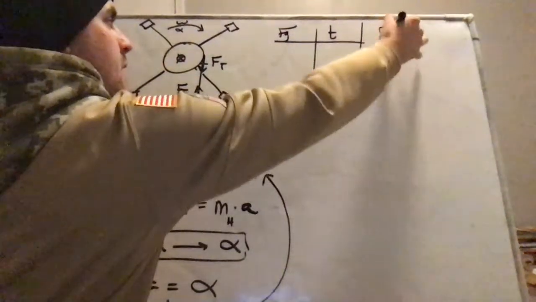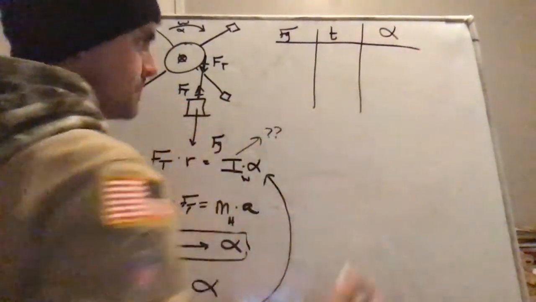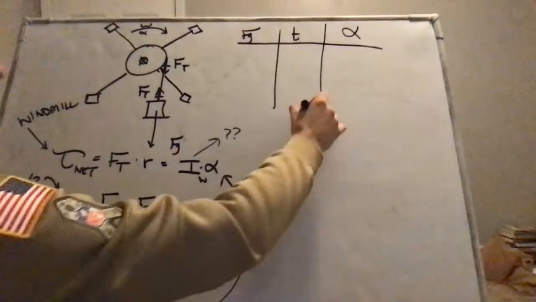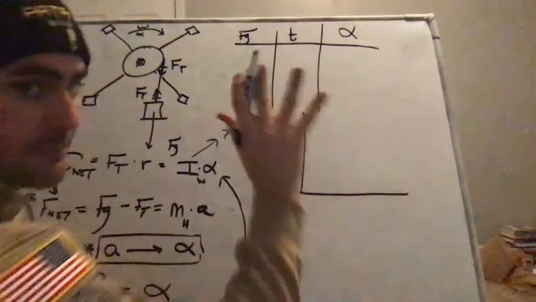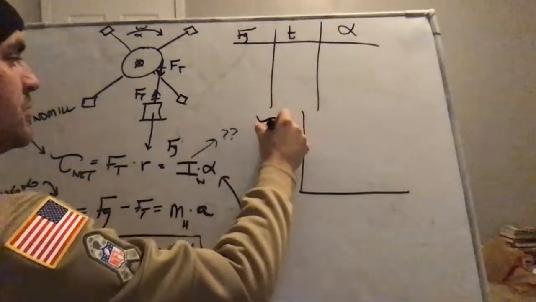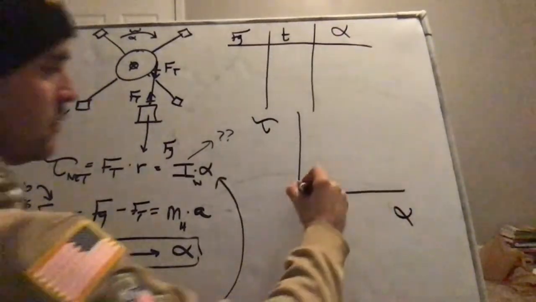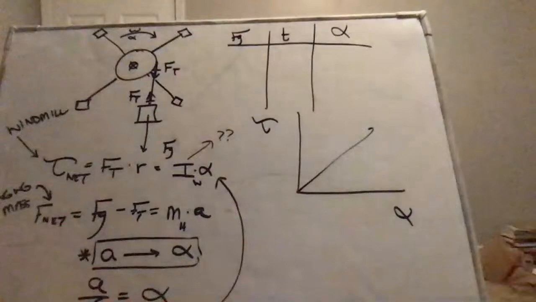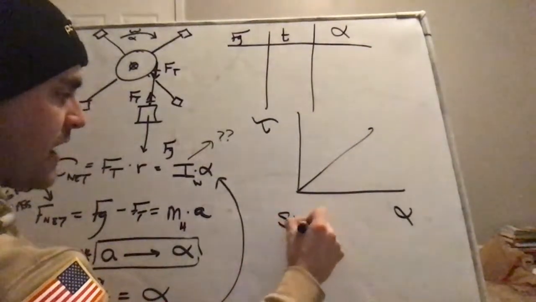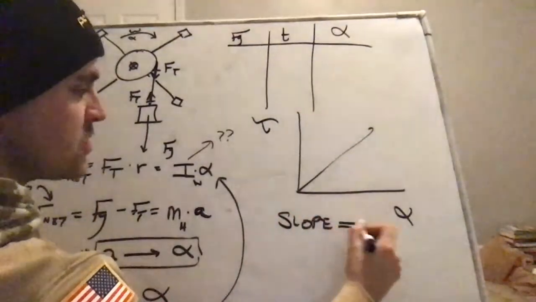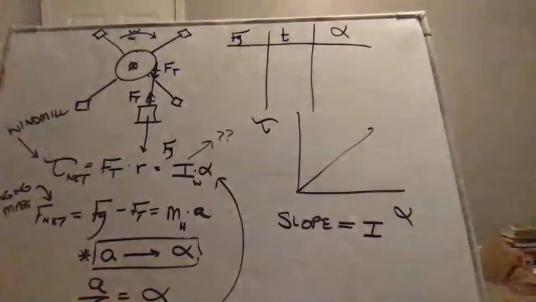We calculated the angular acceleration from linear acceleration, and we graphed this. In my class, we graphed the different torques over the accelerations. We got a linear relationship. And what we said was the slope of that graph was equal to the rotational inertia.